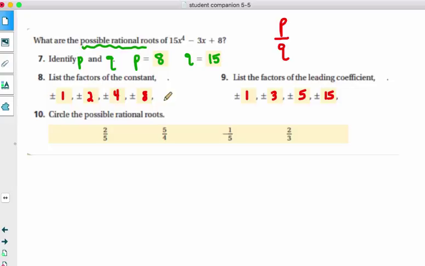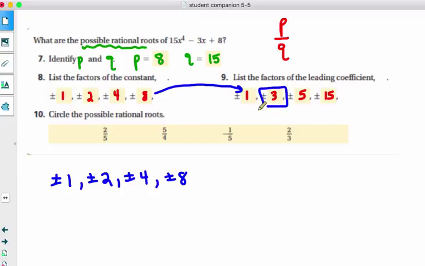All of these terms divided by 1 would be themselves. What about all of these terms divided by 3? I would pick up 1/3, 2/3, 4/3, and 8/3.